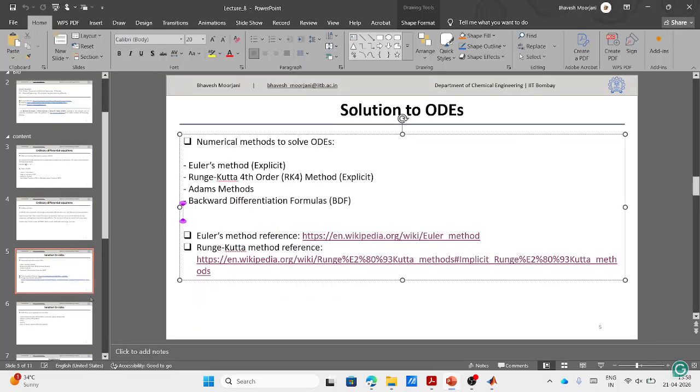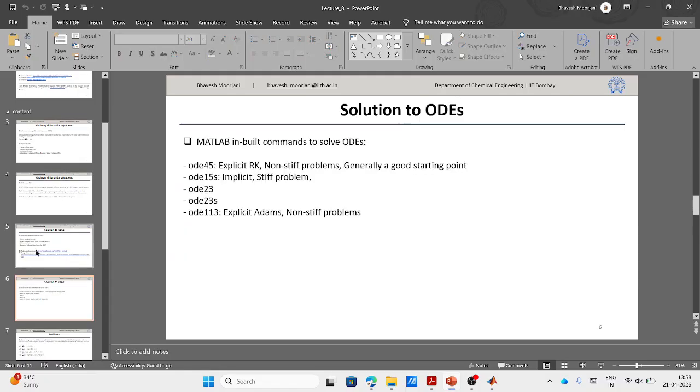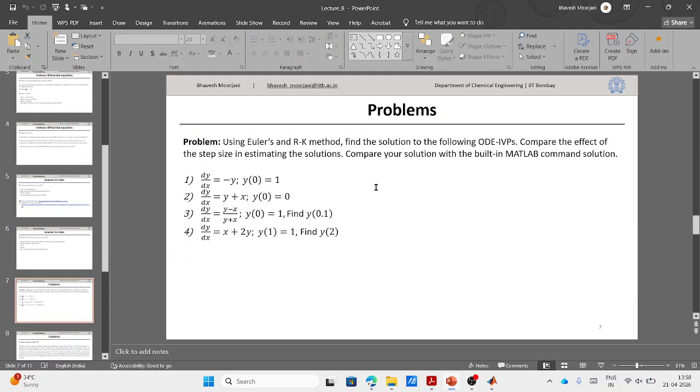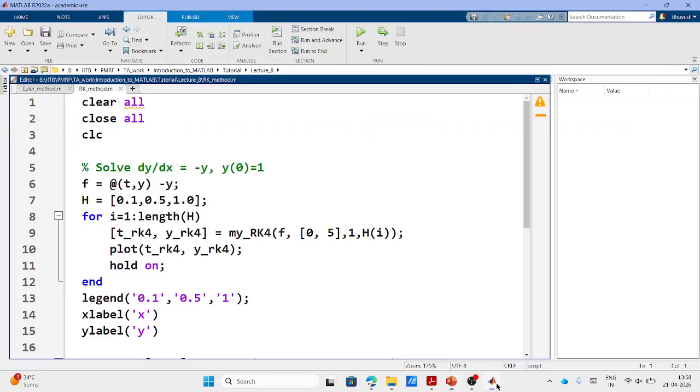There are certain examples that you can go through. This is a homework problem statement: you have to code the Euler's method and RK method, find the solution to ordinary differential equation initial value problems, and compare your result with the inbuilt Matlab options.